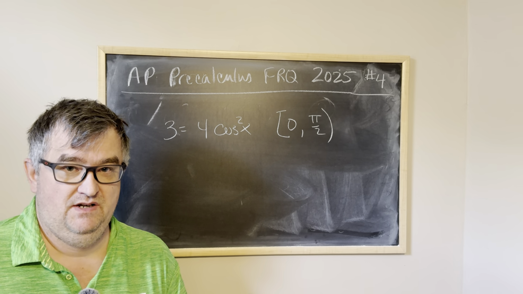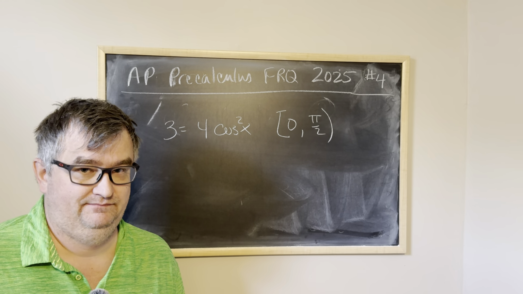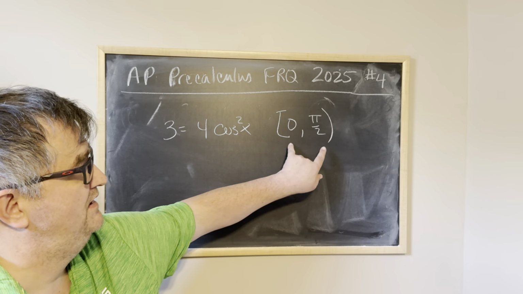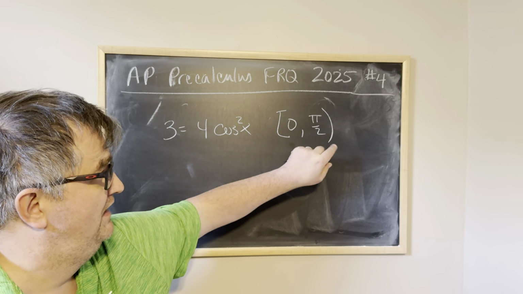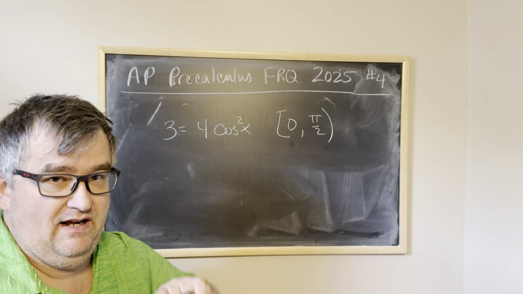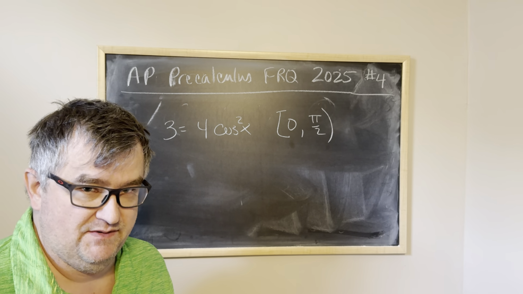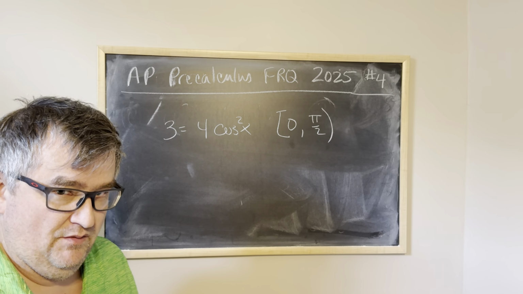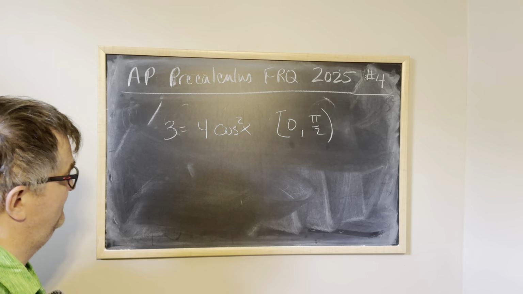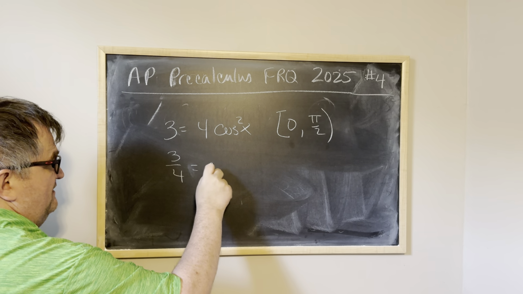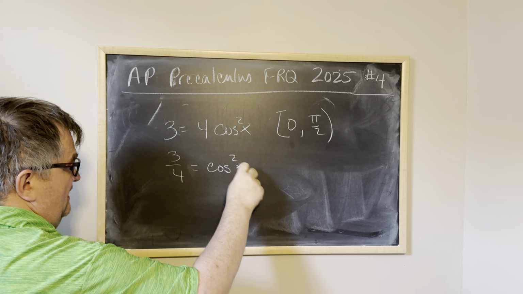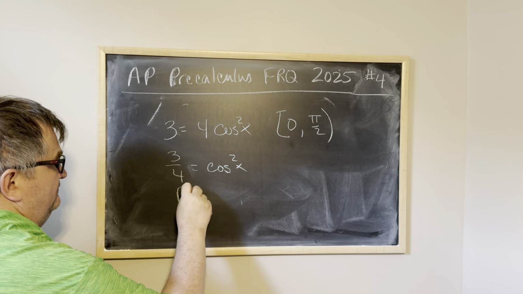Now, don't do this on autopilot. Recognize you have a half closed interval. You can include 0, but you cannot include pi half radians. Don't autopilot this. Recognize what's going on. So we're just going to divide. Square everything.